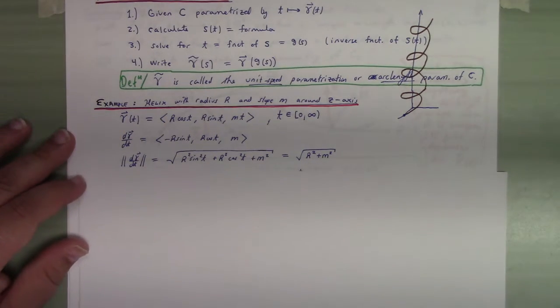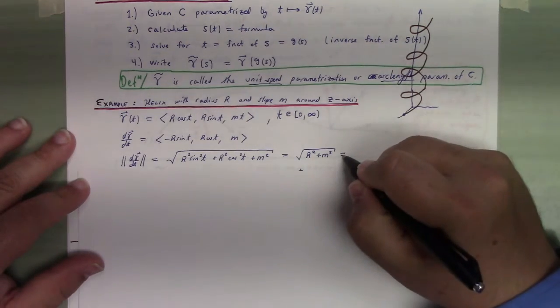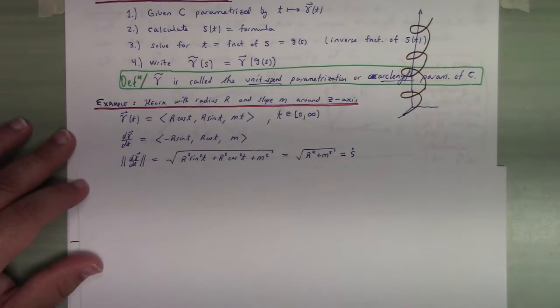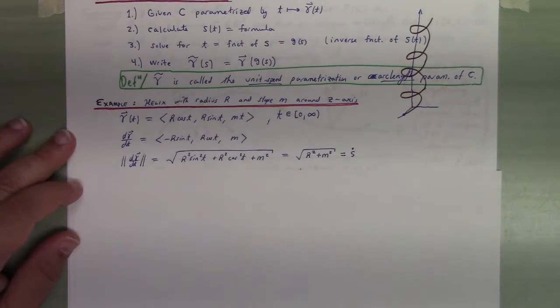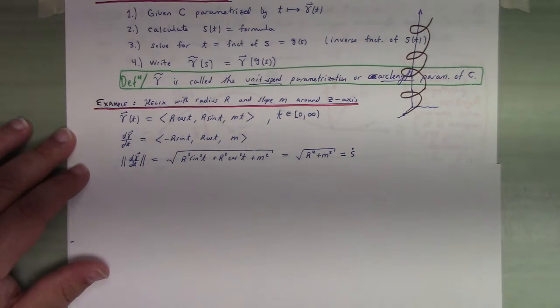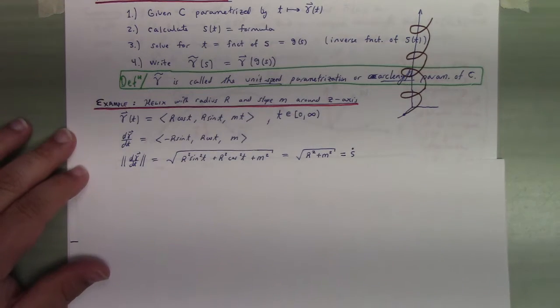So the length of the velocity, in other words, the speed, is s dot if you like. I use the notation s dot a lot in the typed notes that I provided for this material. Anyway, the speed is actually the square root of r squared plus m squared.